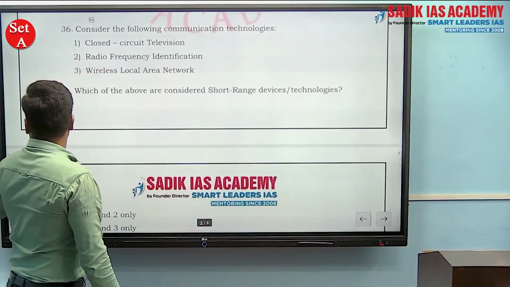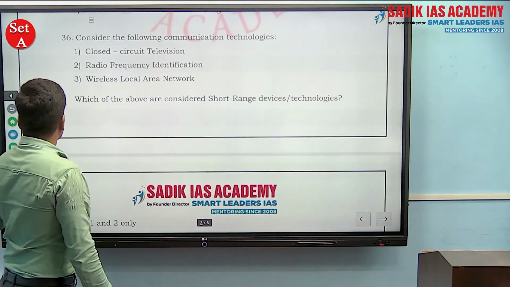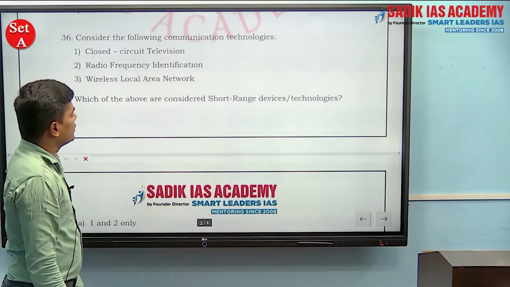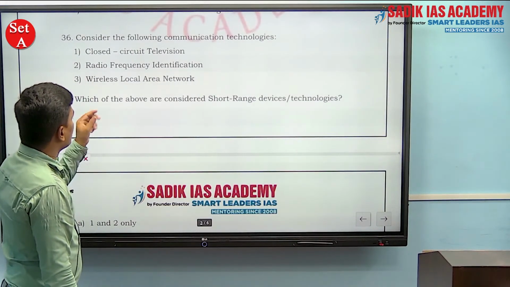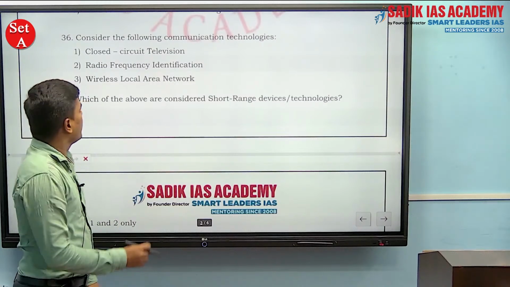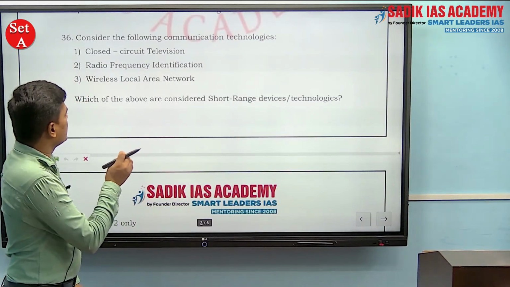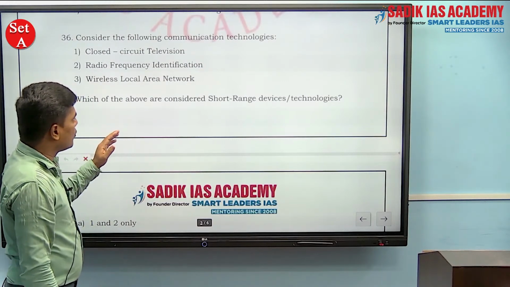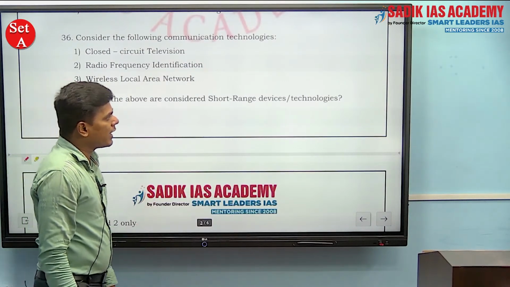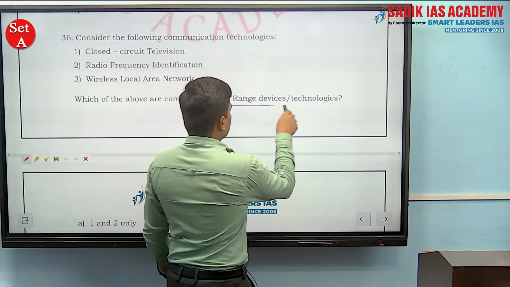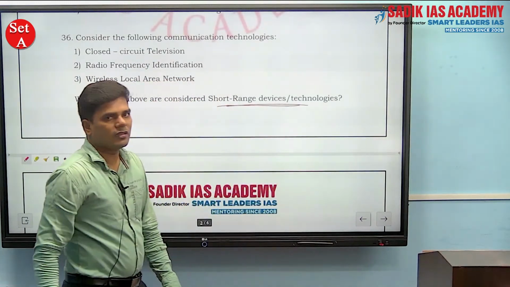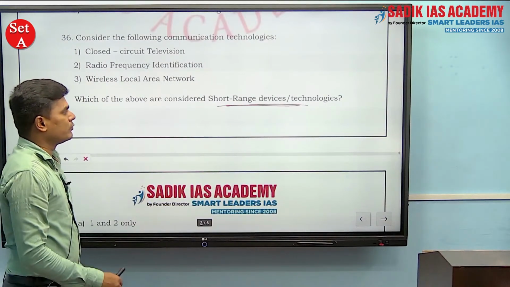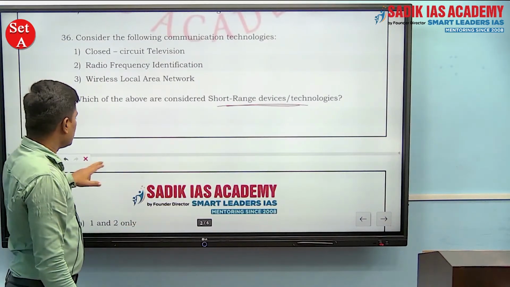And question number 36: consider the following communication technologies. A question based on communication technology: closed circuit television, CCTV, radio frequency identification, wireless local area network. Which of the above are considered short range devices or technologies? Short range devices are called radio devices or radio based technologies.